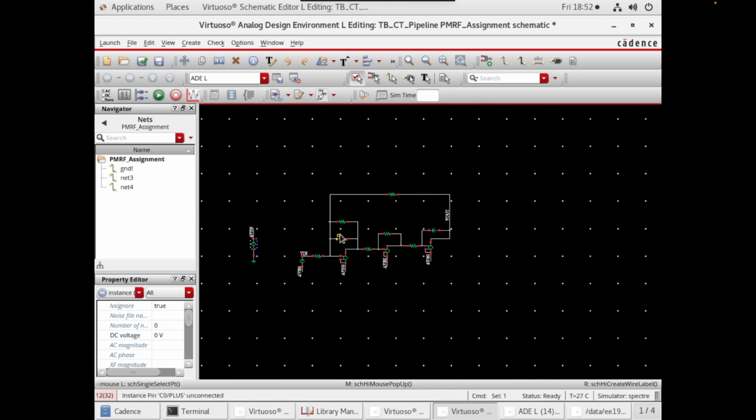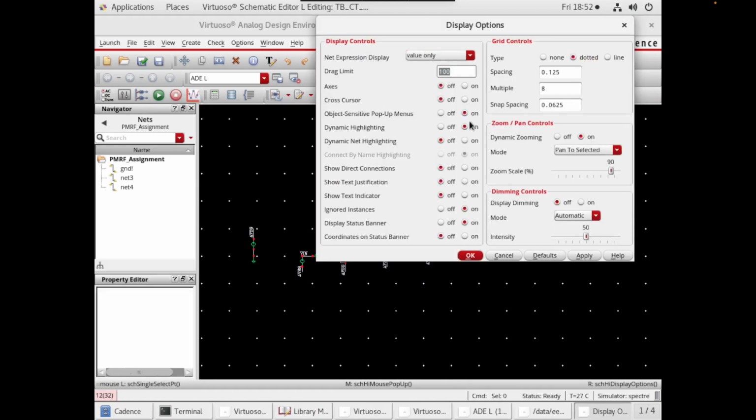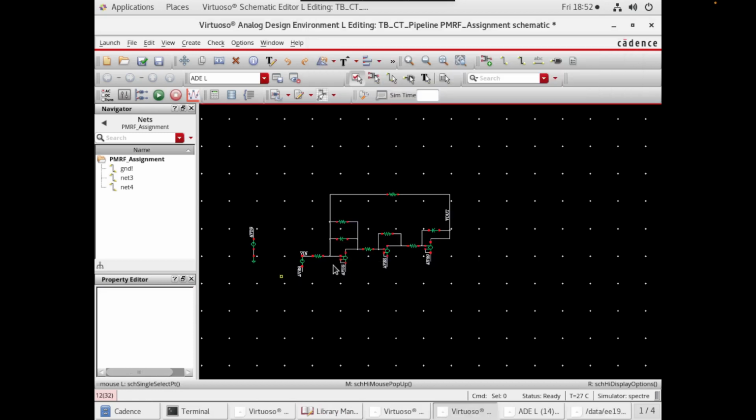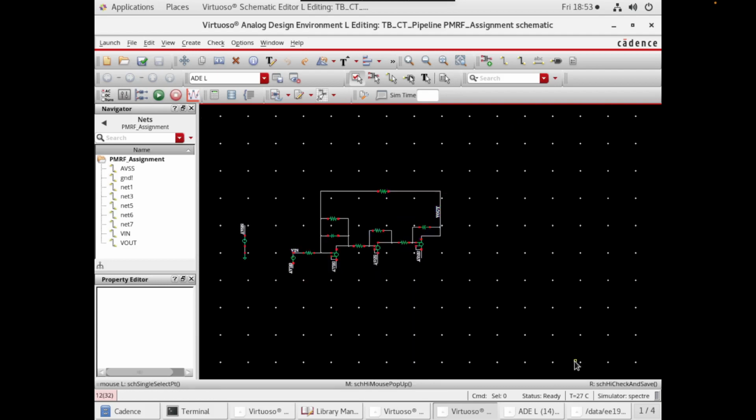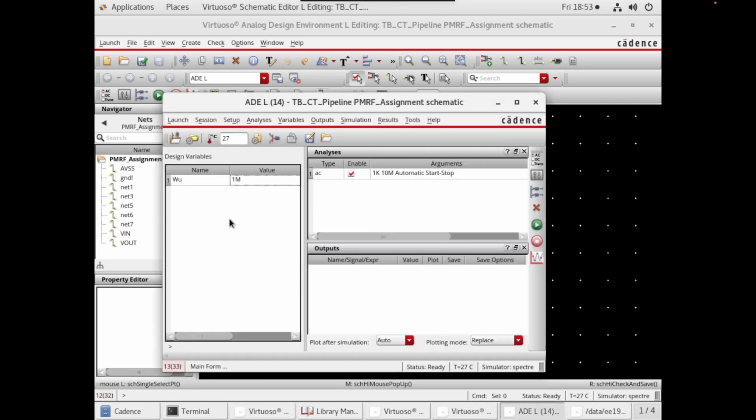So this is our biquad, and with the biquad we have this as our ground. If we try to see the net connections, you can see with the pink line that all the grounds are connected, and this is the input source, and here we will be taking the output.